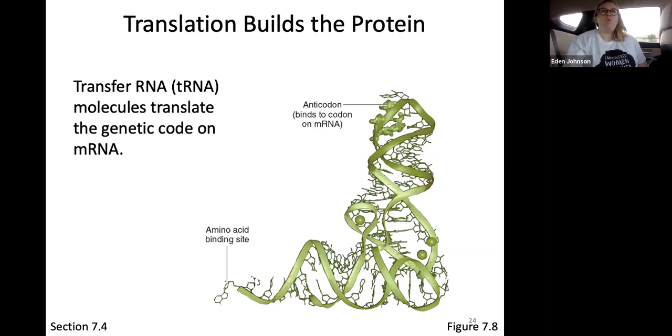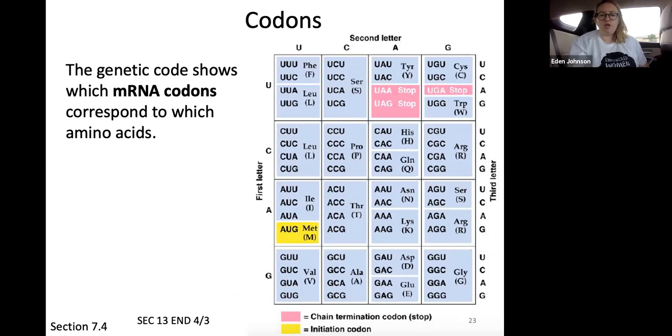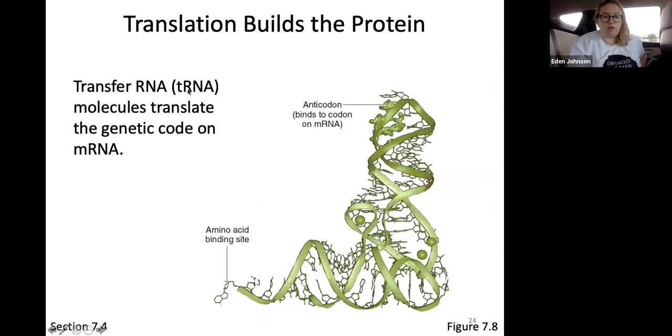Now, the way that it works, that you have a ribosome reading any of these codons and then pairing it with an amino acid, is that you have a transfer RNA molecule, okay? One side of this transfer RNA molecule is called an anticodon.